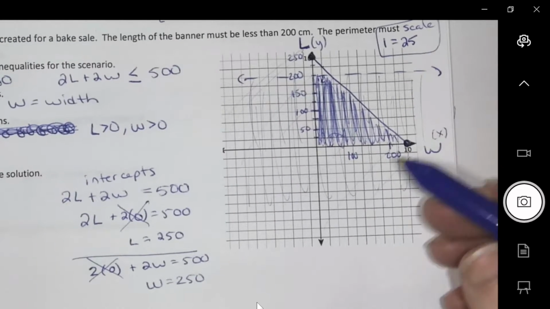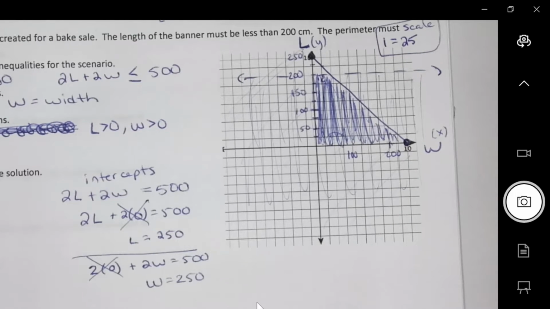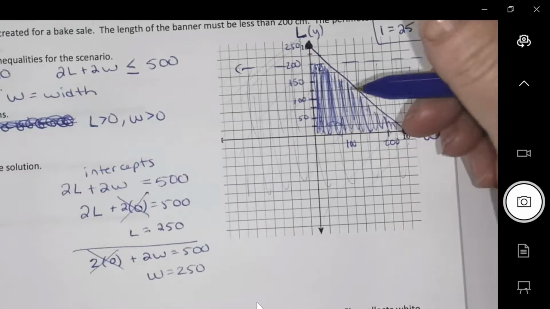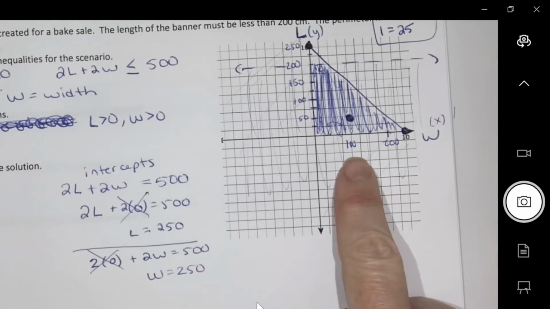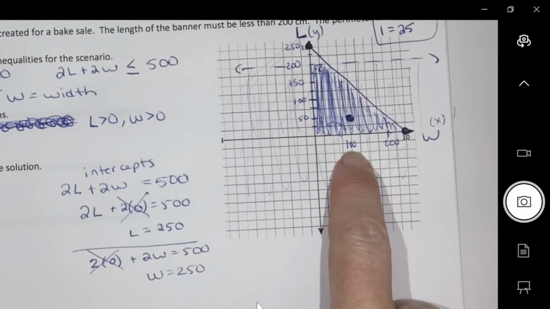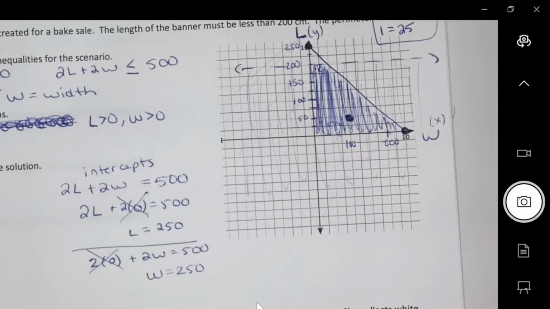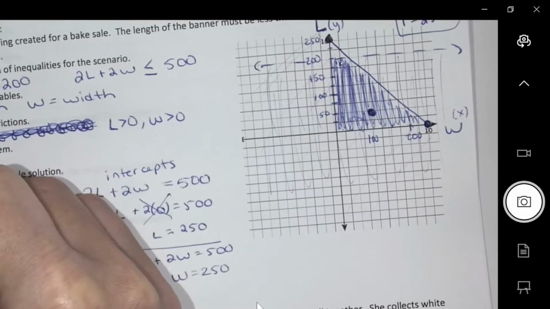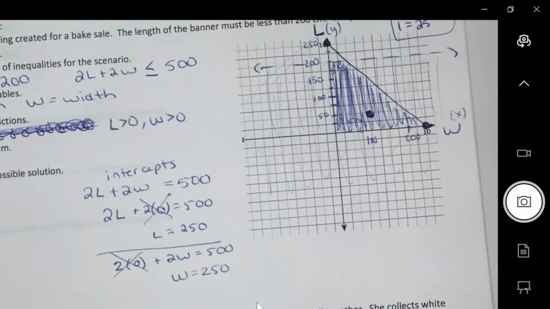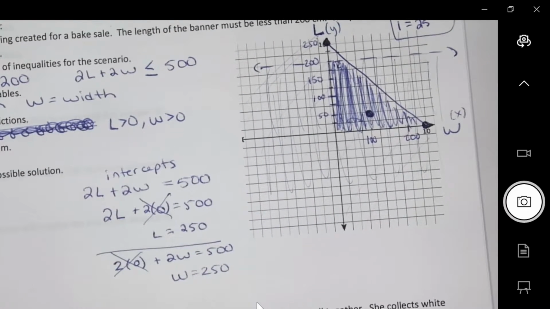Okay, so give me a possible solution here. So this coordinate could be a solution. That could be a solution. So if we had a width of 100 and a length of 50, that's a solution.